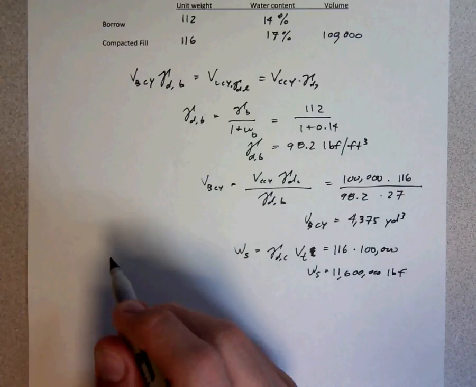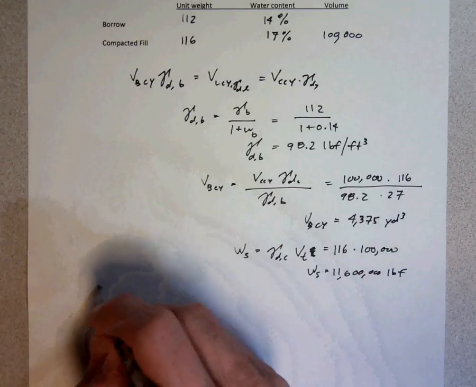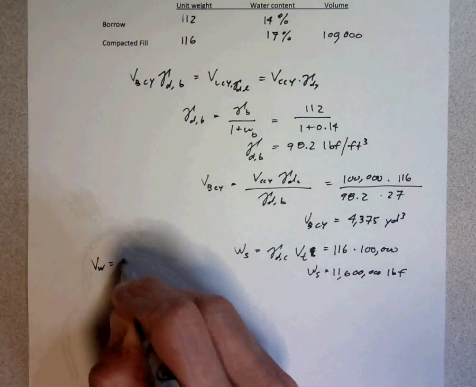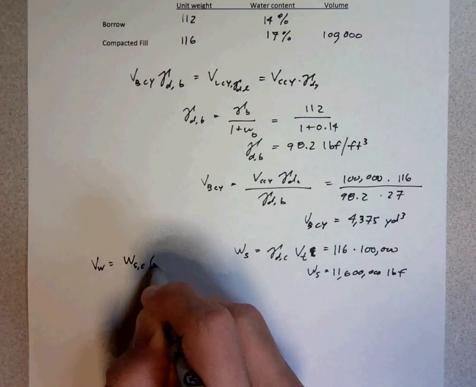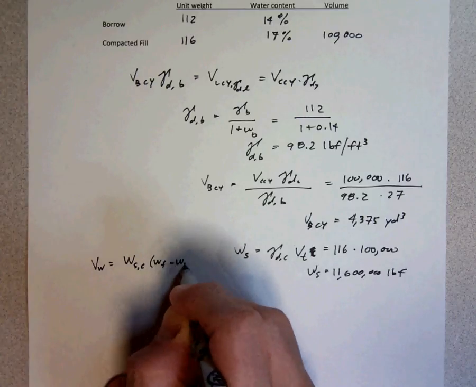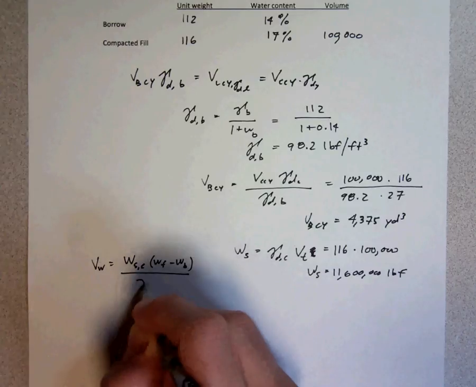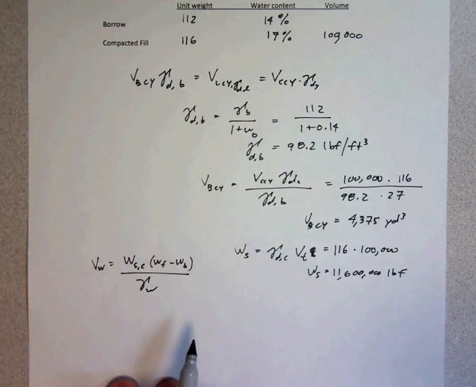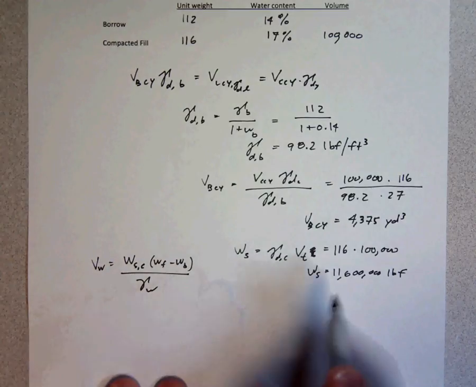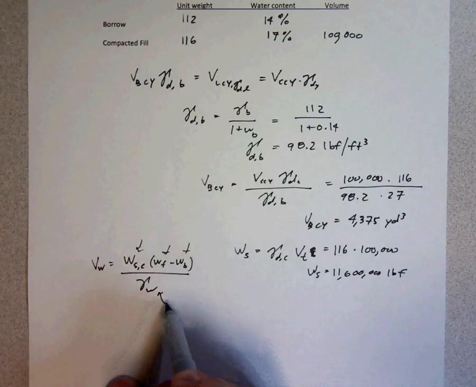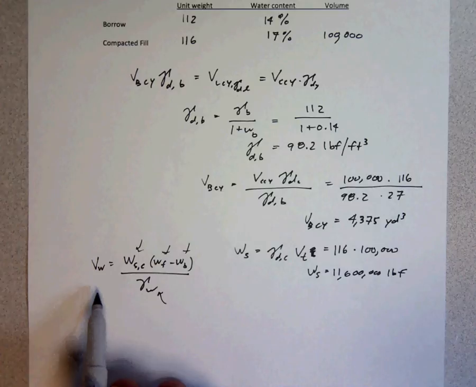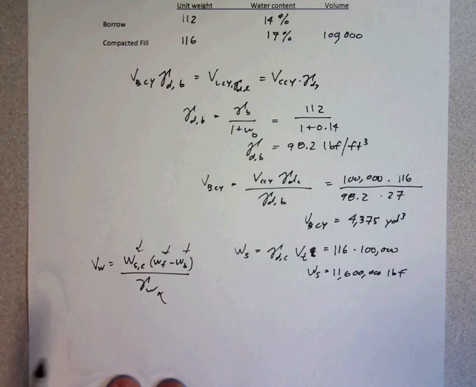It's equation 121, but volume of the water is equal to the weight of the solid, the compacted. So we know this one now. We know both these were given. This is always 62.4. We can solve for what quantity of water will be required to compact the fill now.